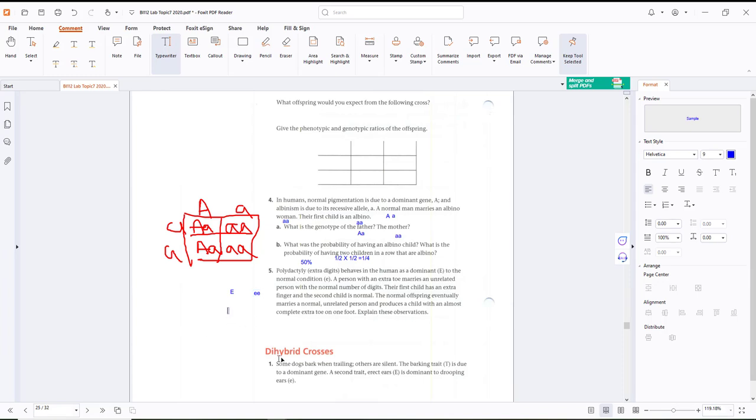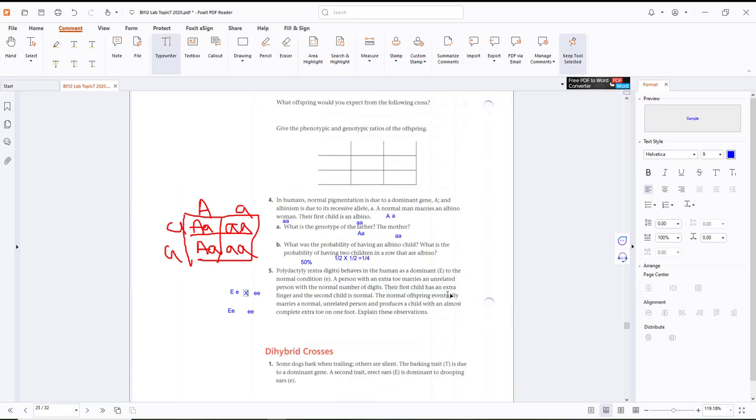So I know that the first parent is heterozygous. Okay, so I figured that out. So the first child must be heterozygous because one of the parents is homozygous recessive and the child got the dominant allele from the other parent. Okay. The second child is normal, so little e.